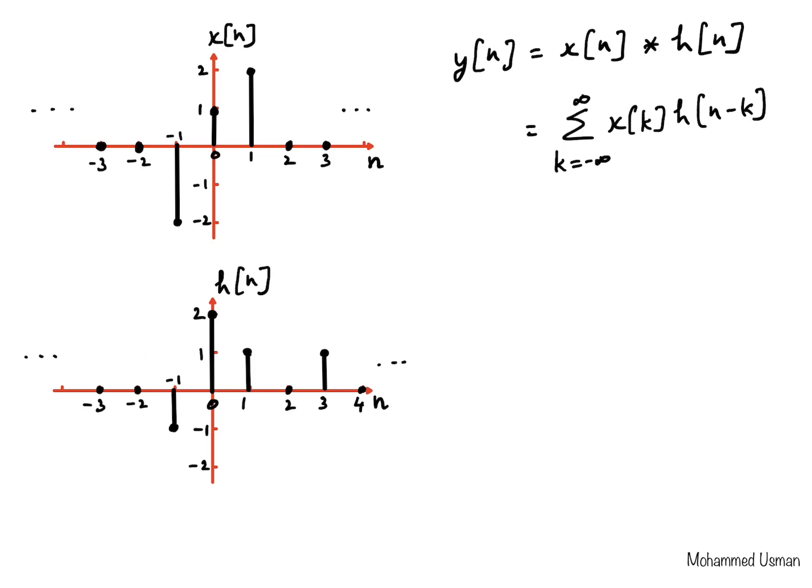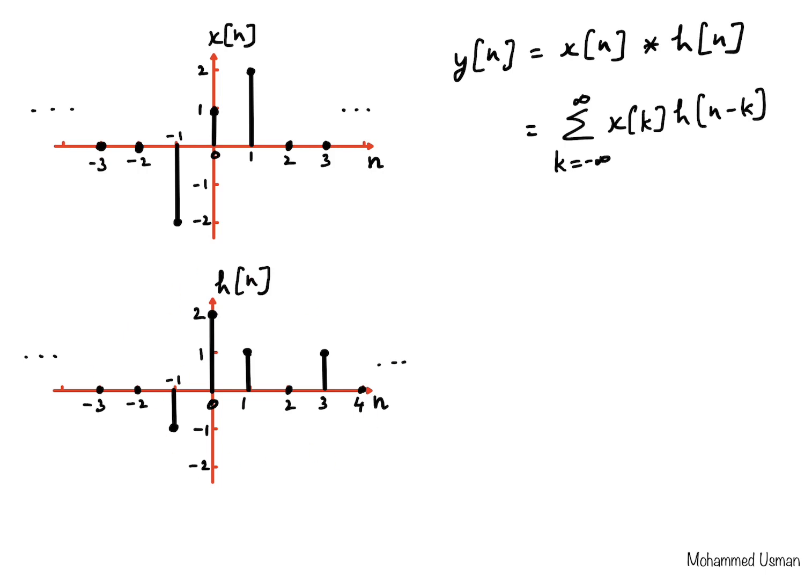We are going to take each of these samples and multiply, or scale, the shifted versions of h of n by the values of the input signal. When k is -3, it is x of -3 multiplying h of n plus 3, that is h of n shifted to the left by 3. But since x of -3 is 0, this product, 0 into anything, is going to be 0.